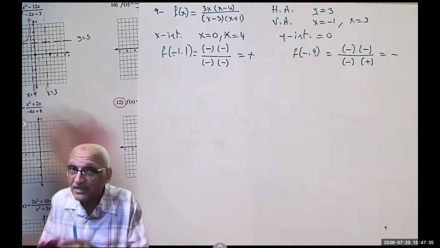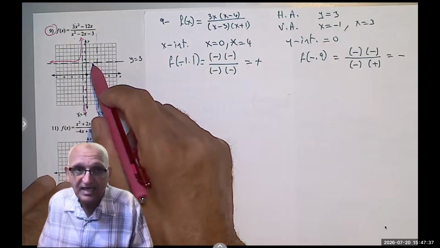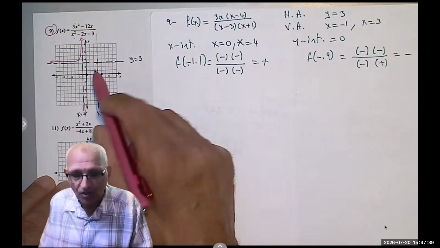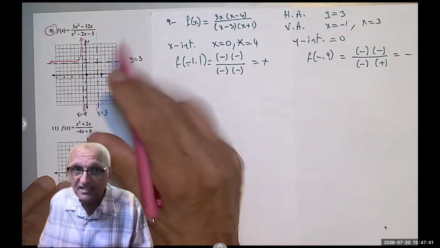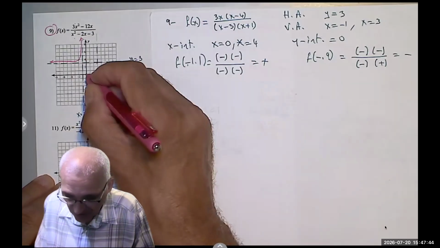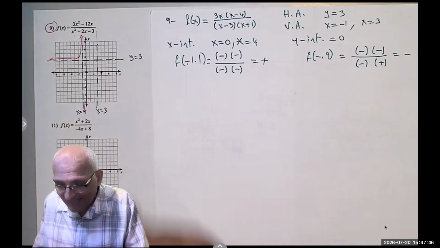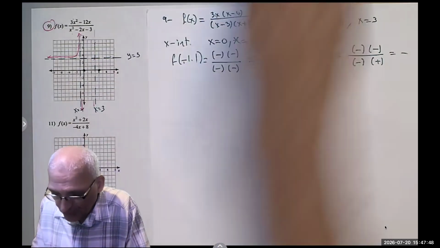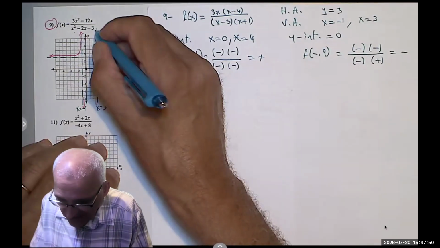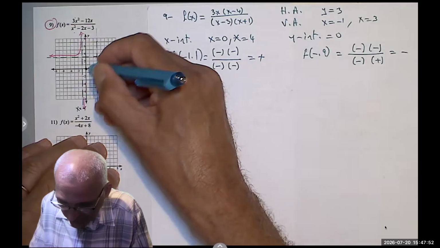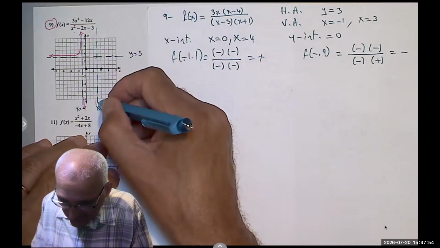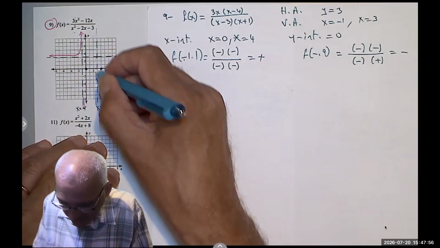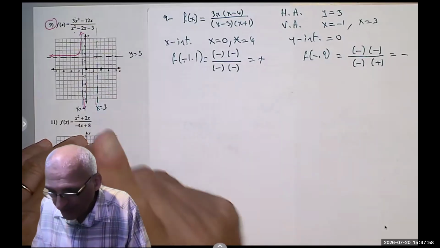Notice I said in the middle, we may cross the horizontal asymptote. That is possible, especially that I cross here. So I need to know what is f of 2.9. Is it here, meaning this line would go like that? Or is it here, meaning it crosses and then comes back? So we need to check that.